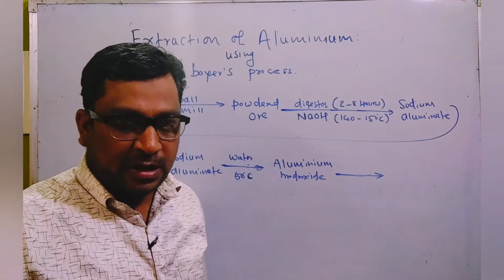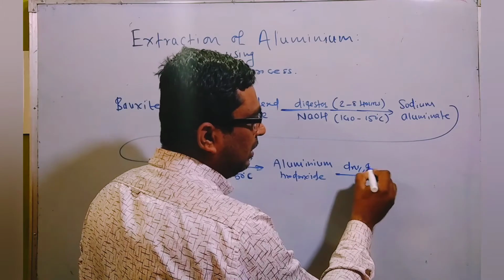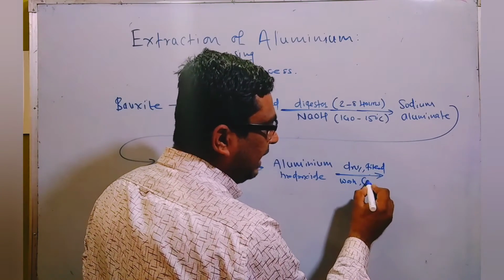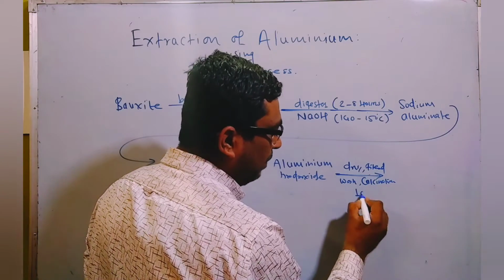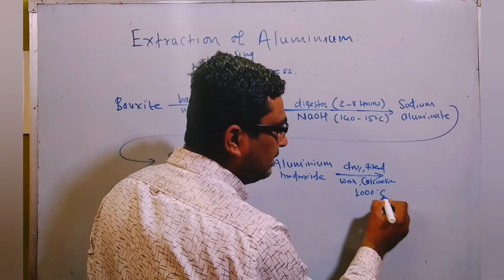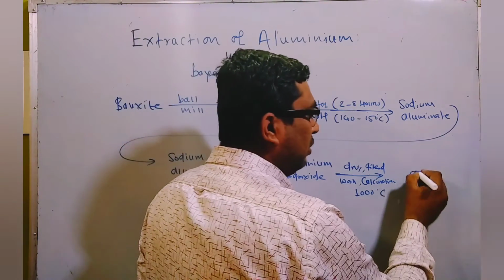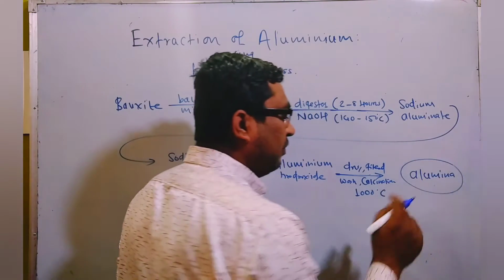Now this aluminium hydroxide finally you have to dry, filter, wash, and apply the calcination process. Means what? You have to heat it up to 1000 degrees Celsius using the calcination process, and finally you get alumina.